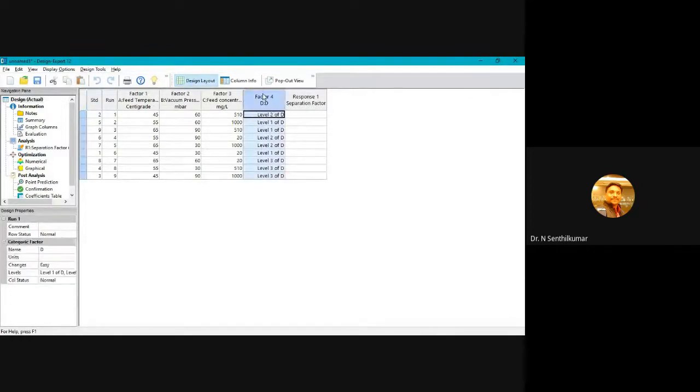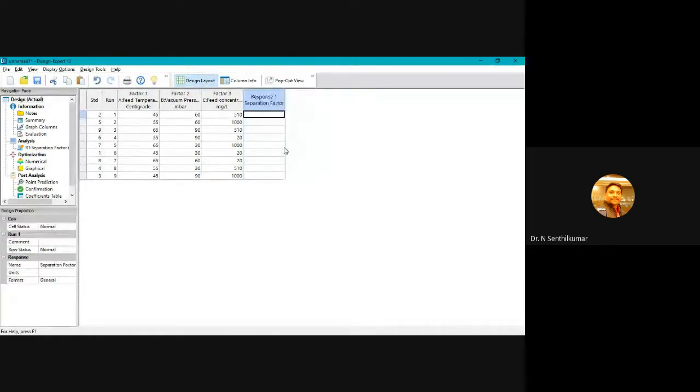Because I am not going to assign any input to this D column, I am going to right click that and just delete. That's all. So L9 I have altered according to my requirement. It is normally suited for 4 factors, but since I am going to have only 3 factors, I can delete the 4th factor.